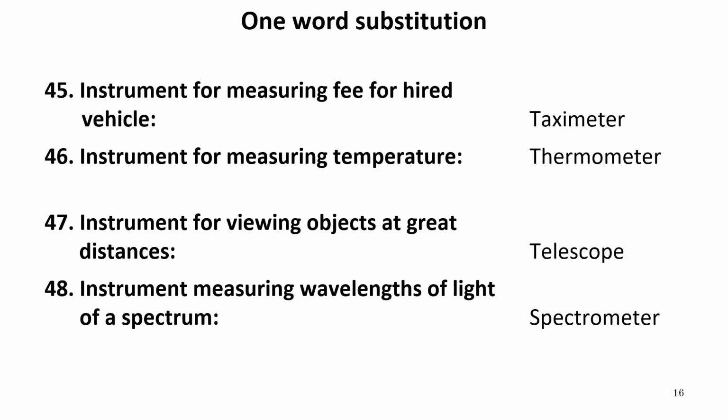So, that is known as taximeter. So, in taxi, there is meter, so that is known as taximeter. Now, this word you must have heard a lot of times in your life, that is instrument for measuring temperature. This is known as thermometer. And nowadays, we all have a thermometer at home, most probably.